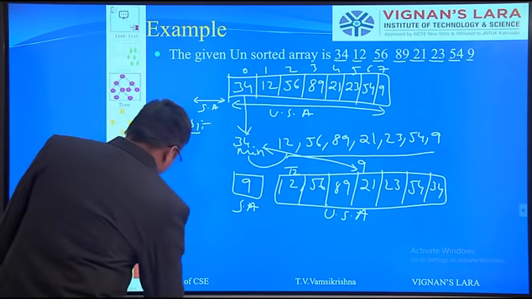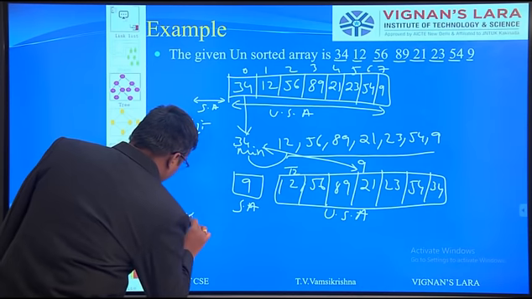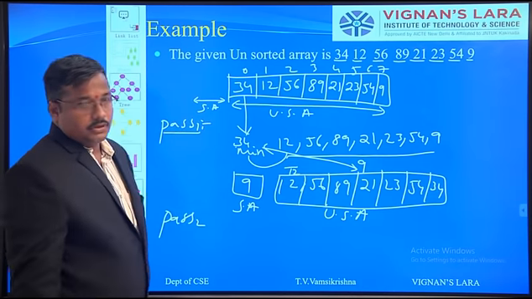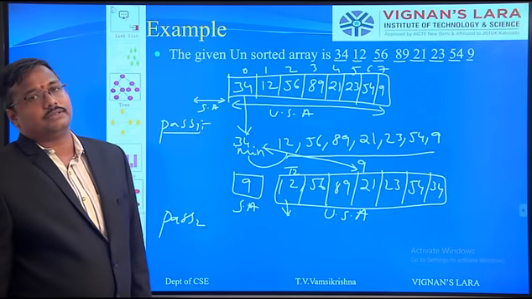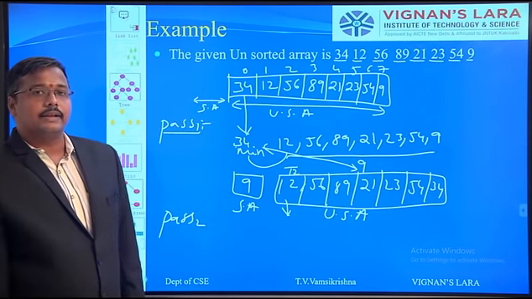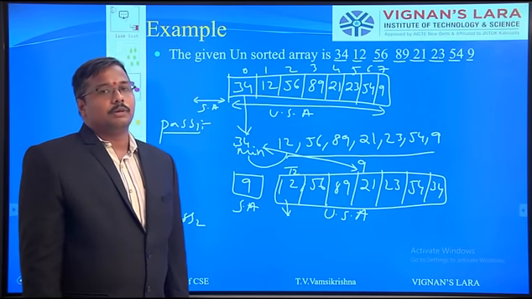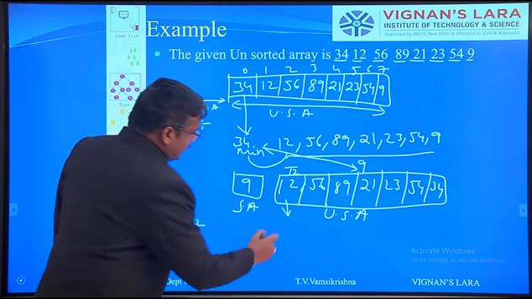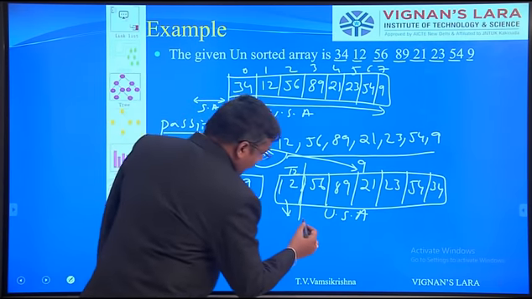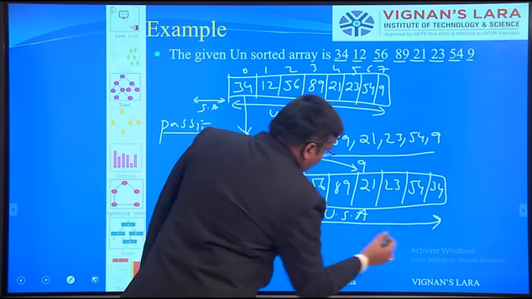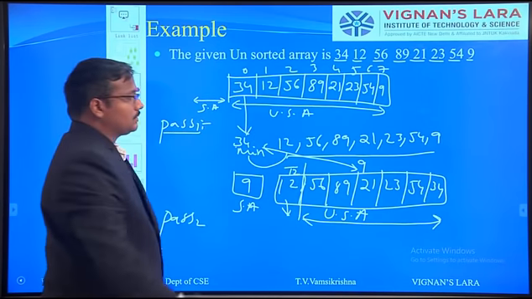In the next pass, again we take 12 as the minimum element. The next subsequent element is taken as the minimum element. We identify that 12 is the minimum element and we need to find the minimum in the rest of the part.